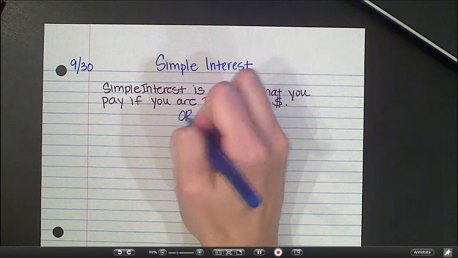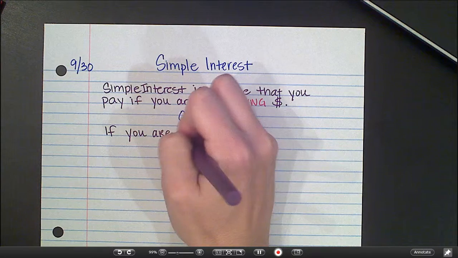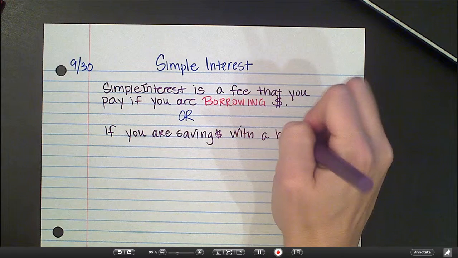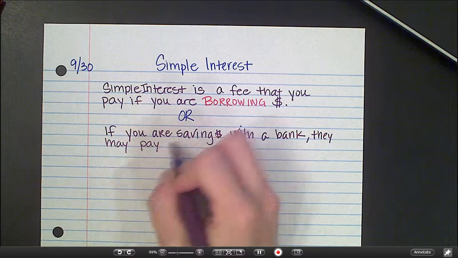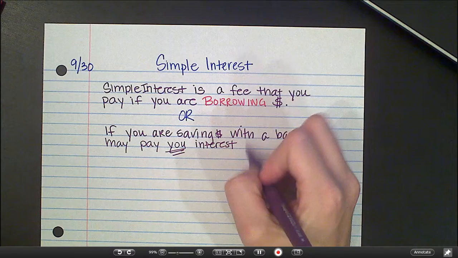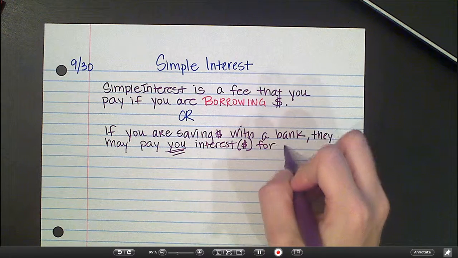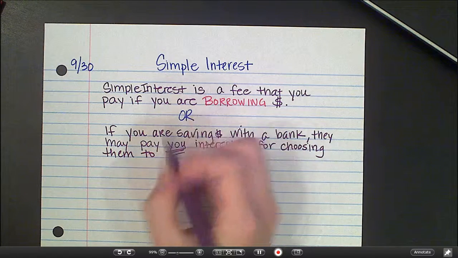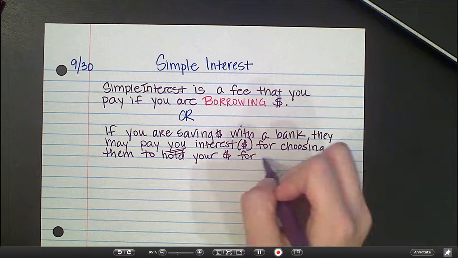Or if you are saving money with a bank, they may pay you interest, which is extra money for choosing them to hold your money for you.